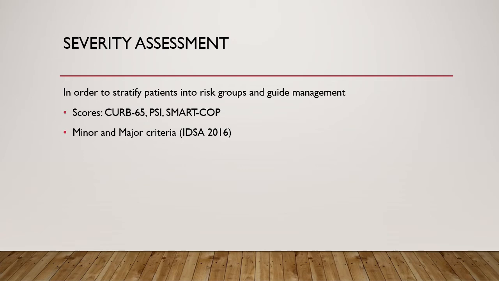The PSI covers many features. It includes comorbidities, the sodium levels, the mean arterial pressure. It covers many things, and the SMART-COP also covers many things. We'll see how many parameters it covers. Then there are the major and minor criteria given by the Infectious Disease Society of America in 2007, and then republished in 2016.